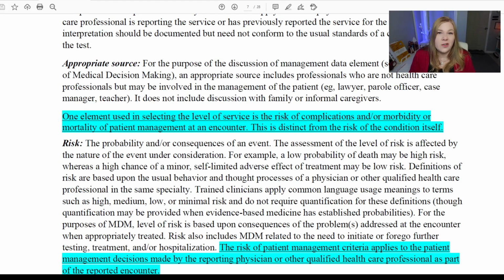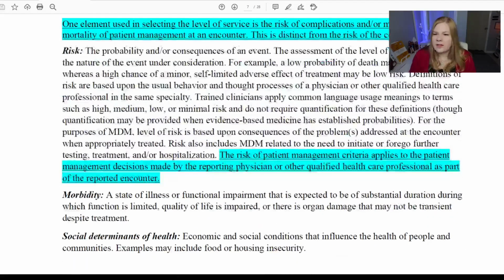The condition itself might be very high risk or very low risk, and the management of that, the treatment, could be very high risk or low risk. Usually those correlate, but not always. Here it says the risk of the patient management criteria applies to the patient management decisions made by the reporting physician or other qualified healthcare professional as part of the reported encounter.